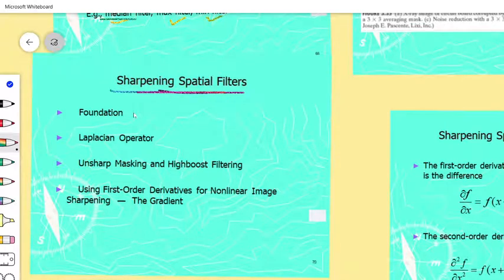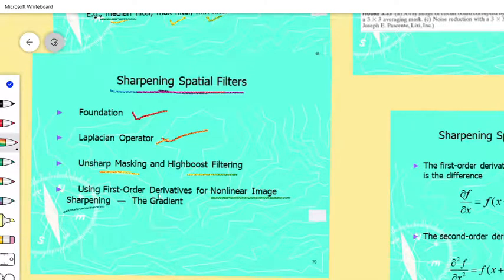First, we have to do the foundation, and after that, the Laplacian operator, the Laplacian mathematical equation, and then unsharp masking and high-boost filtering we are applying, and we are using first order derivatives for non-linear image sharpening.